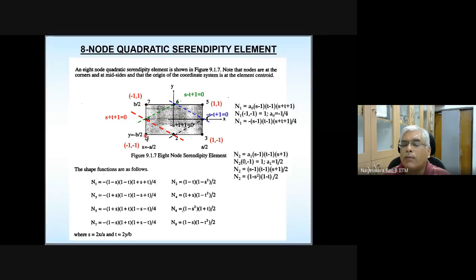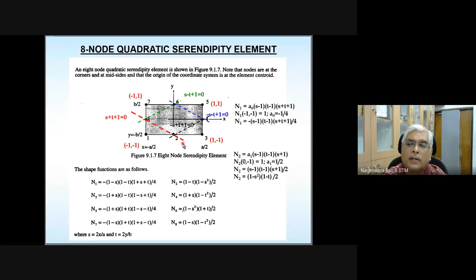So this shape function expression should consist of an (S minus 1) term and a (T minus 1) term. When you include that, you eliminate all the nodes along these edges. We are deriving for a 7-node element, so the 8th node is not there. Node 2 is there. How do we make N1 equal to 0 at node 2?